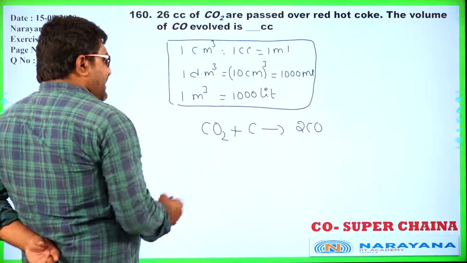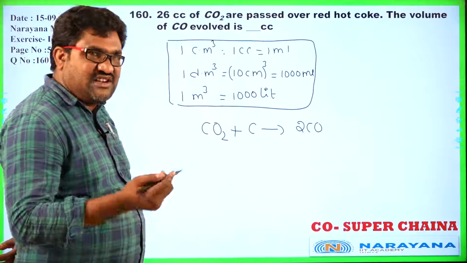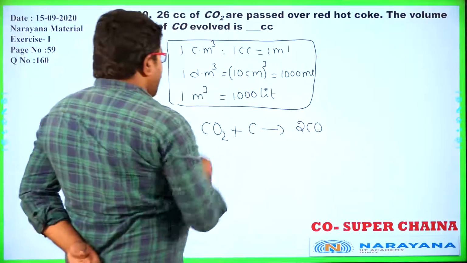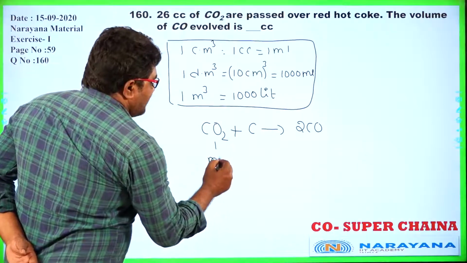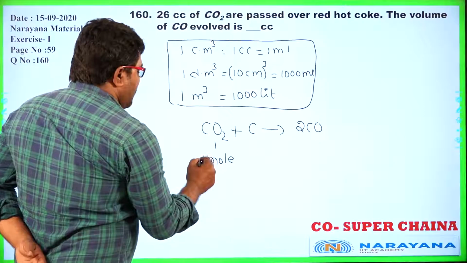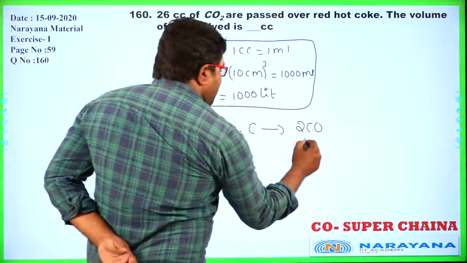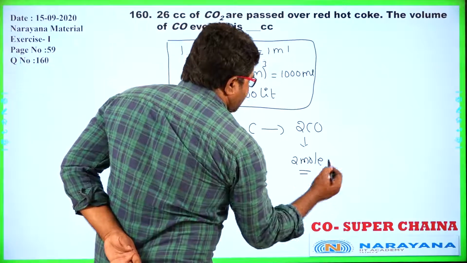Number of moles is directly proportional to volume, so the mole ratio and volume ratio are the same. According to the balanced reaction, 1 mole of CO2 passed over red hot coke forms 2 moles of carbon monoxide.